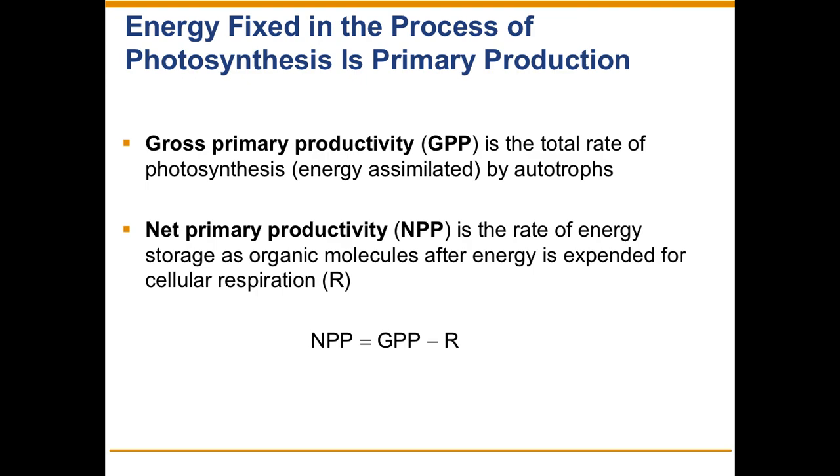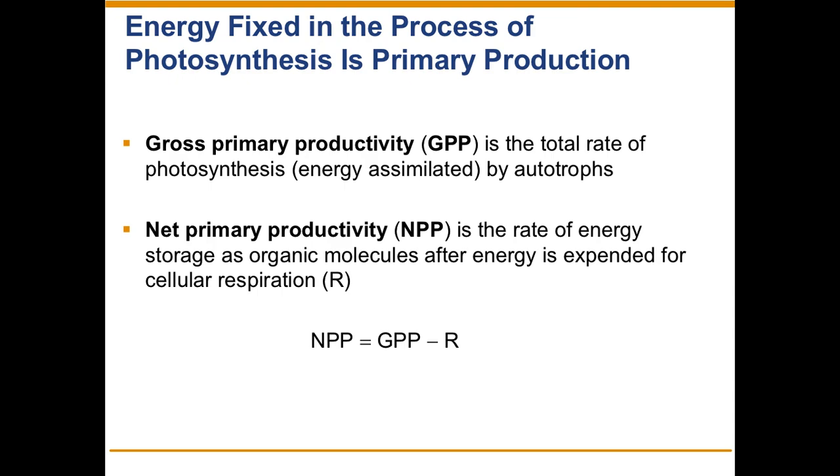We've got two measurements. First is gross primary productivity, and that's the total rate of production by autotrophs. And that could be photoautotrophs or chemoautotrophs. The net primary productivity is then the rate of that energy storage minus energy lost through respiration.